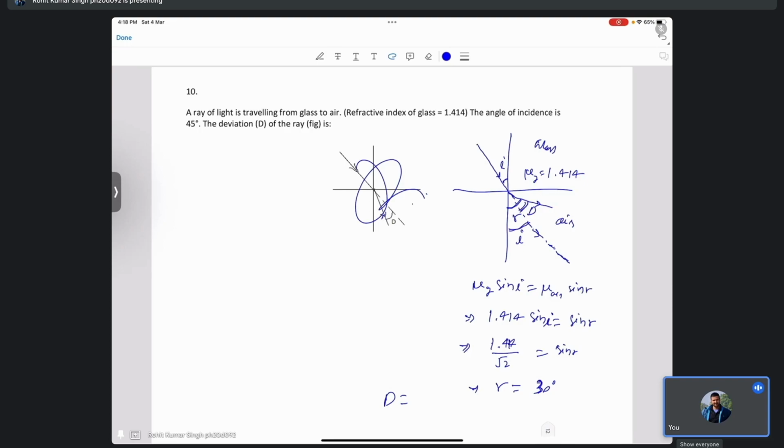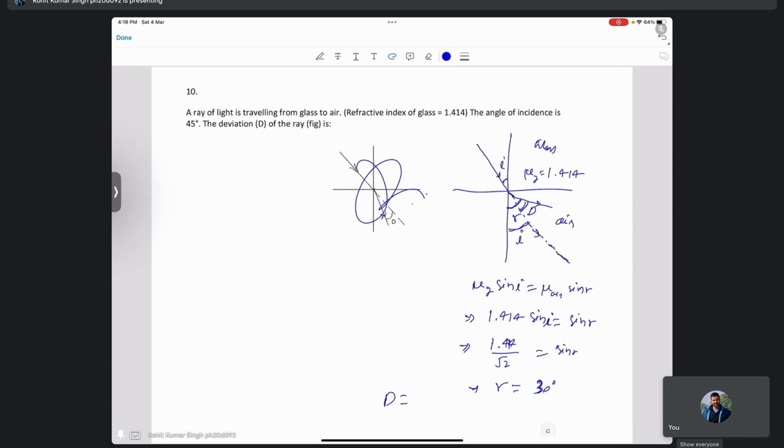What have I done wrong? It should be R minus I, right? But why is R less than I?